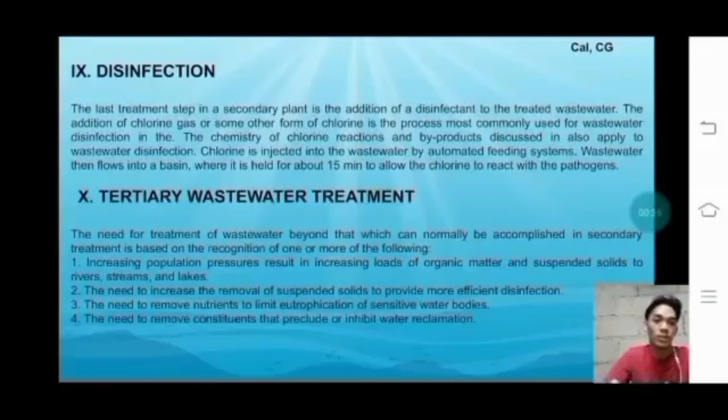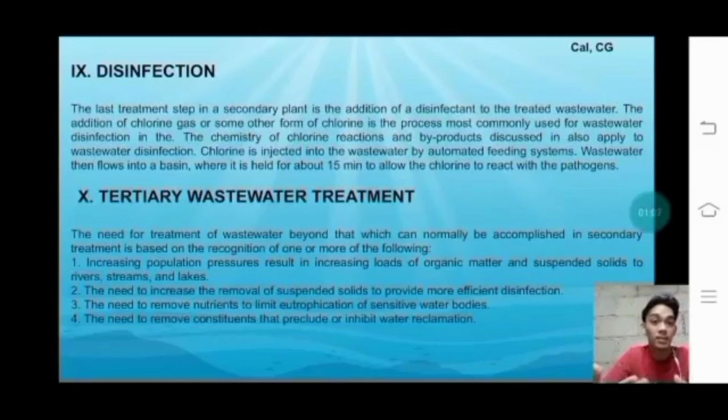So, chlorine is very useful for cleaning wastewater and water where there are so many pathogens. Chlorine can kill bacteria. That's why chlorine is the best for disinfecting water or any substance that has bacteria.